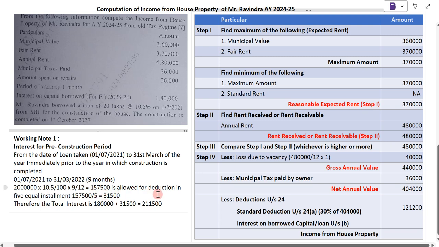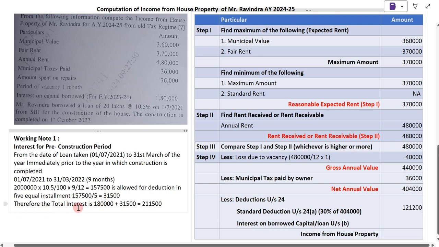Okay, now this 1,57,500 is allowed for deduction in 5 equal installments. So per installment, what is the interest he has paid? This interest is for a total of 9 months. So 1,57,500 divided by 5, because in 5 equal installments, the amount for one installment is 31,500.